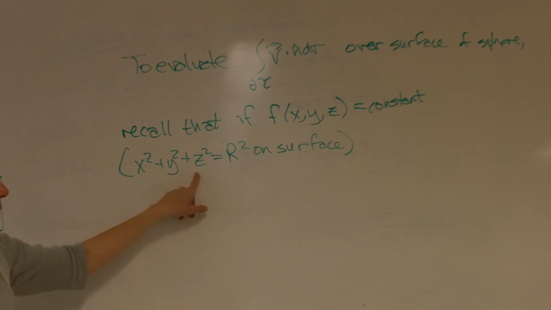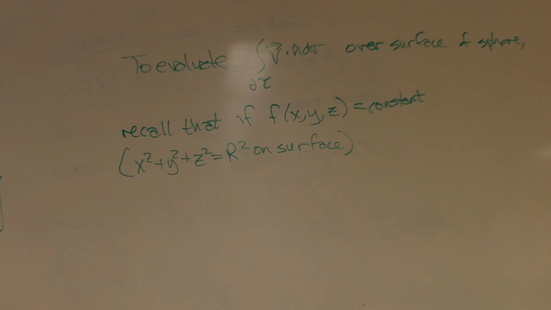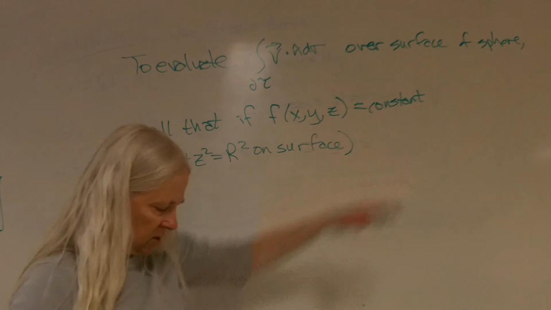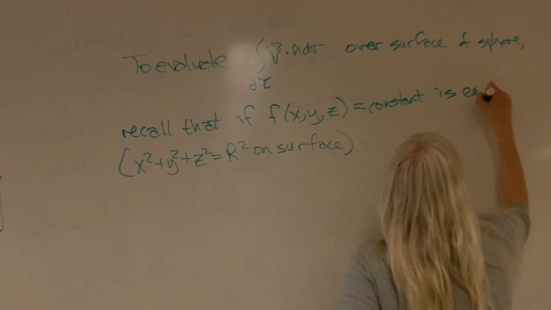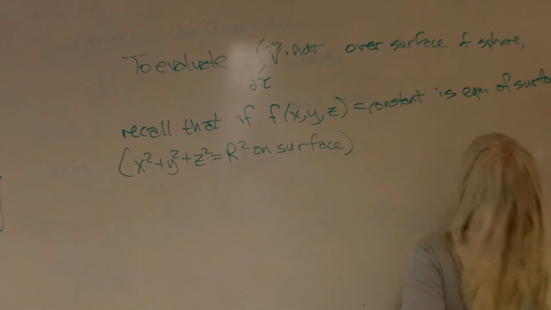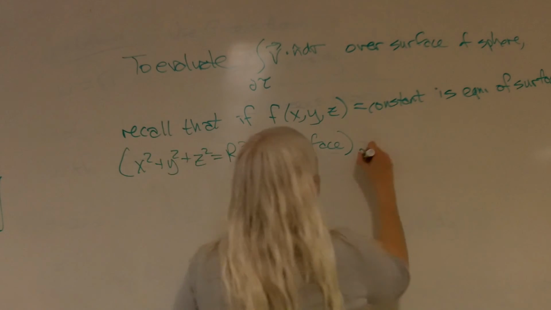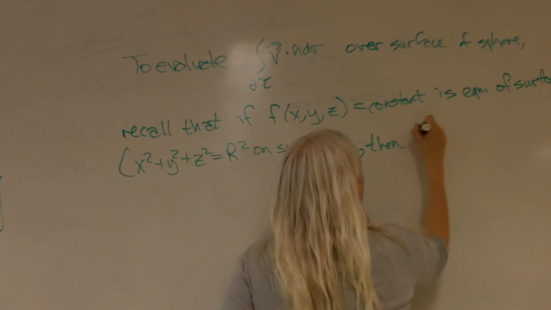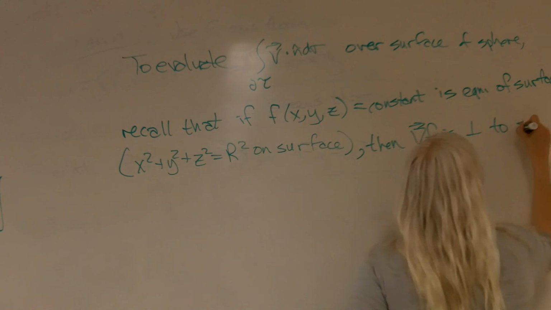So on the left-hand side, we've got some function of x, y, and z, and we're setting it equal to a constant on that surface. So anytime we have some function being set to a constant, if this is the equation of the surface, that surface delta tau, like it is in this case, then remember that the gradient of f is perpendicular to the surface.